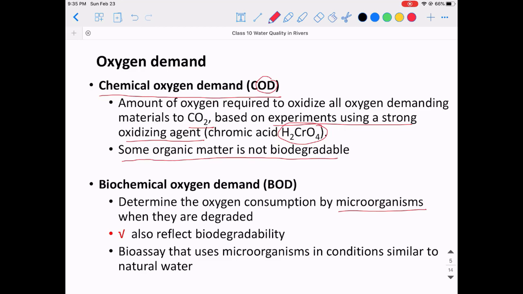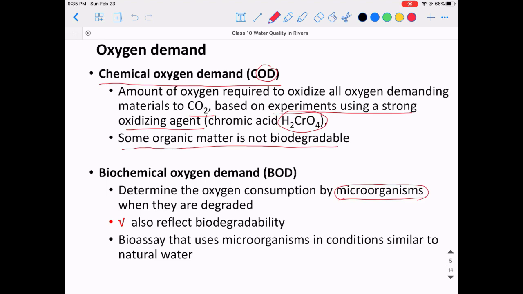And of course, if, for example, water emitted from an industrial plant is too polluted, there might be no microorganisms at all, but we can still dilute it and then add in some seed, which is basically these microorganisms, to calculate the oxygen demand for this polluted water.